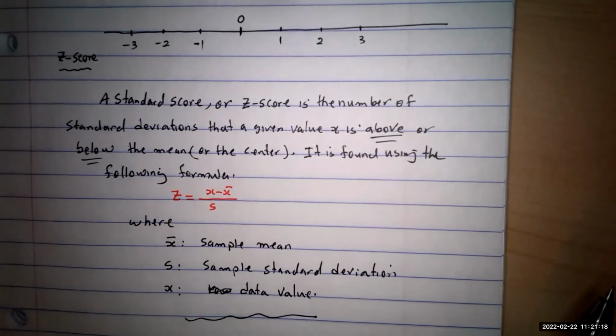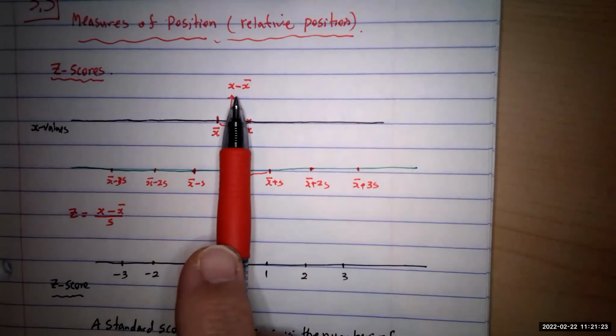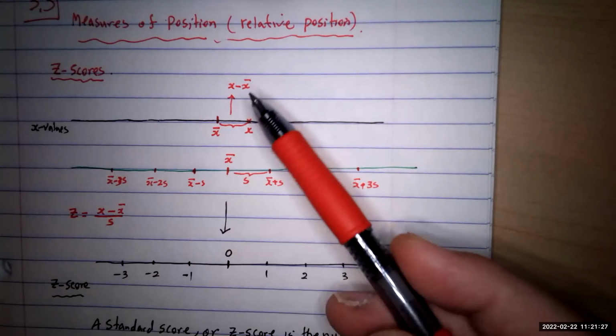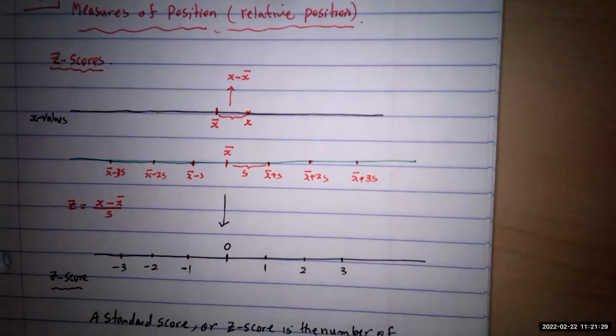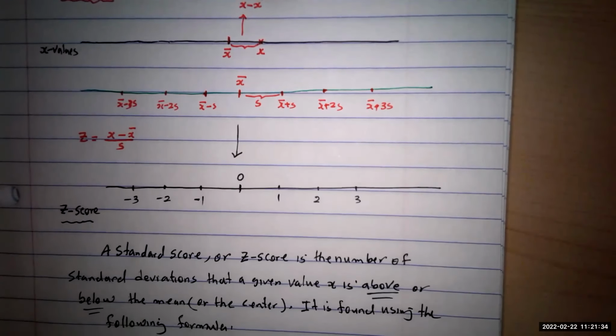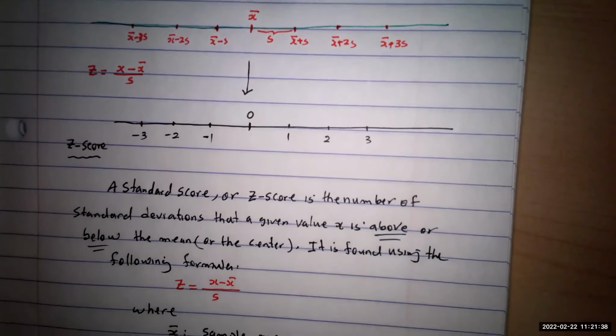Okay. So as I explained over here, you see the deviation is X minus X bar. You compare it with the standard deviation, you divide it. You find out what portion you are deviating from the center, but you would like to express that portion in terms of the standard deviation.